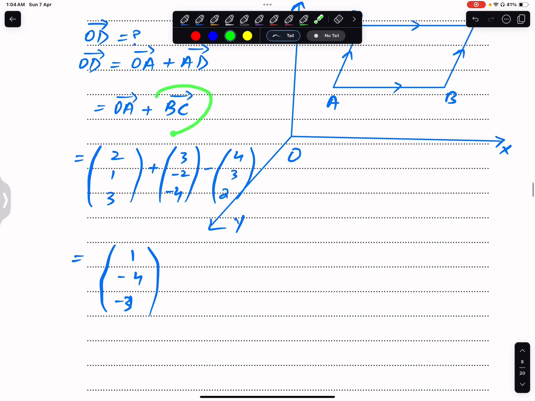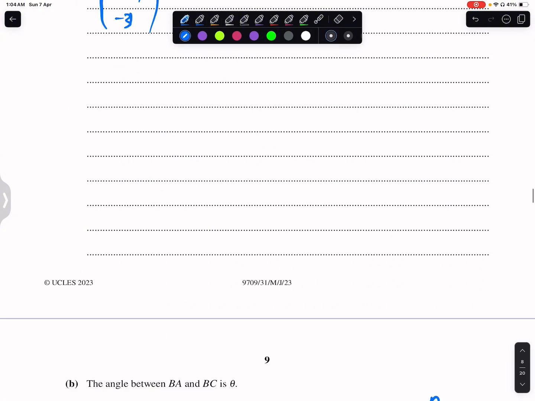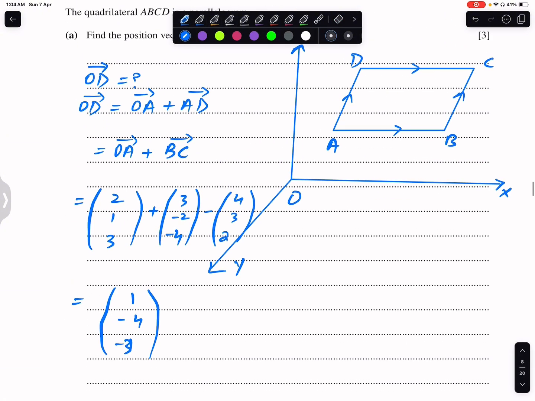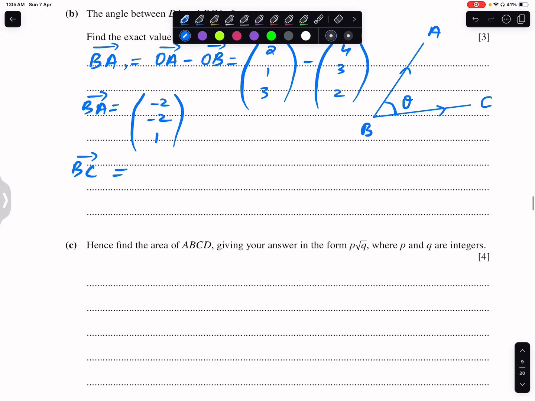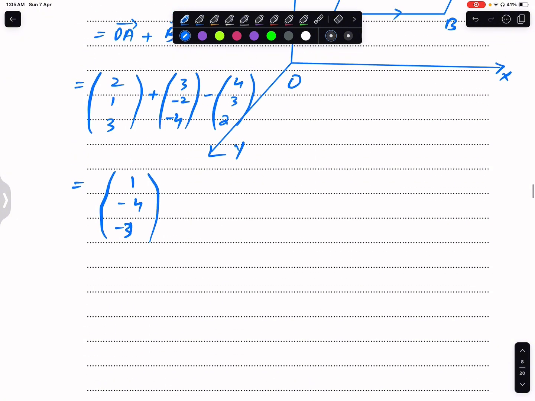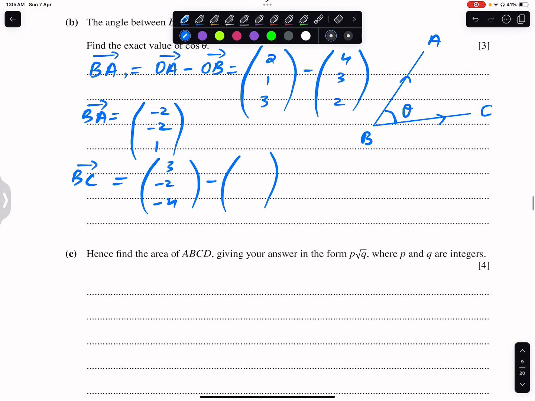So 3 minus 4, 2 minus 3, 4 minus... BC is 3, 2, 4 minus 4, 3, 2. So the answer will be -1, -1, 2.